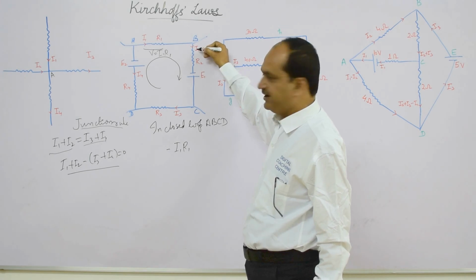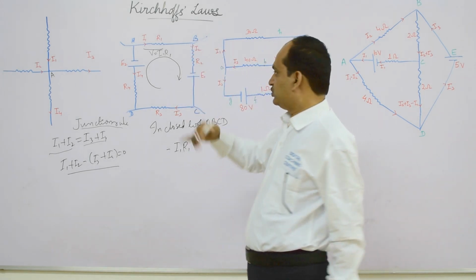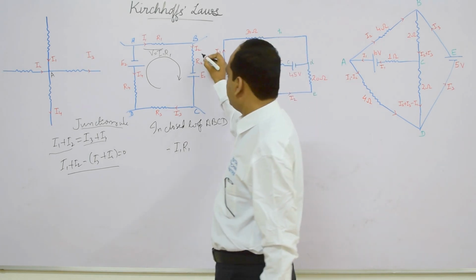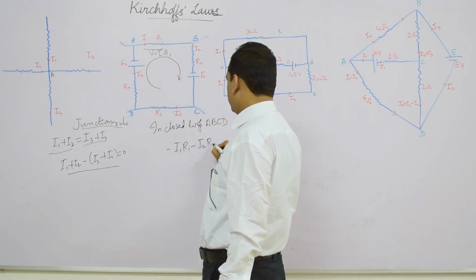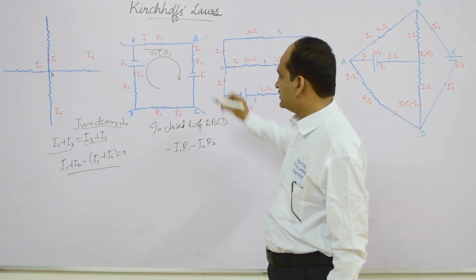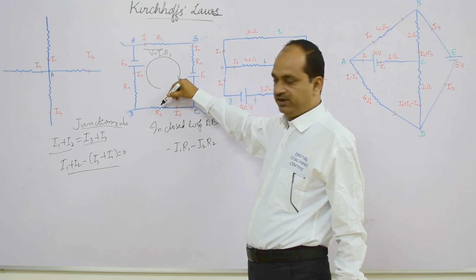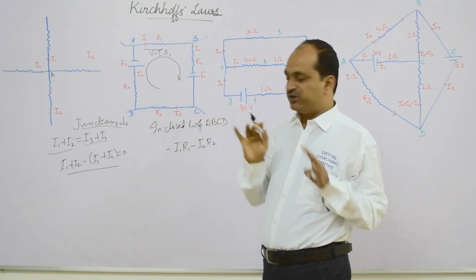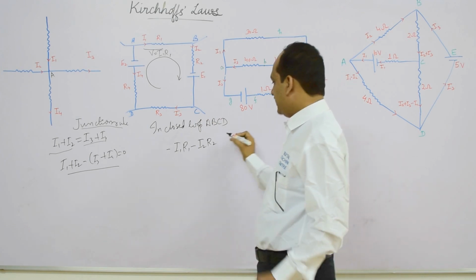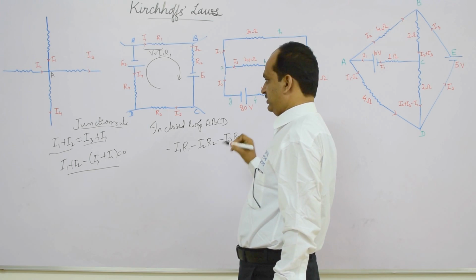Here the current is I2, again in the clockwise direction, so it is also negative. The potential is minus I2 R2. Then move to the next resistor R3, and again the current is in the clockwise direction, so the potential is negative: minus I3 R3.